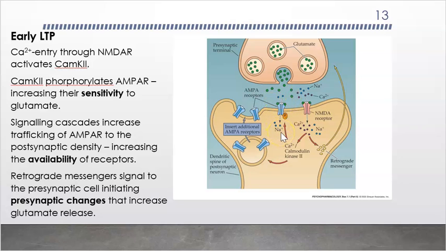Now, when you phosphorylate these receptors, it increases the availability of the receptors. In normal situations, not all receptors are available at the same time. They kind of take turns. But when you phosphorylate the AMPA receptors, you're increasing the amount of available receptors.